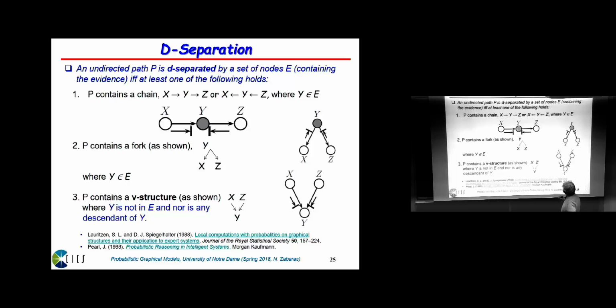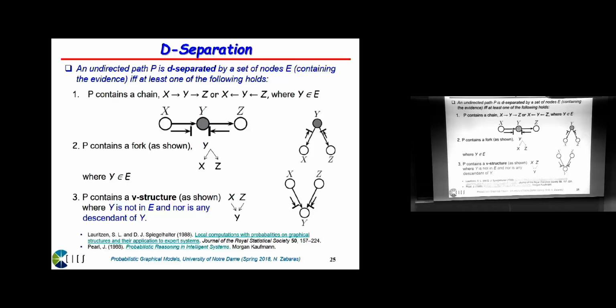It means that X and Z are independent given Y. It means that you cannot reach Z from X by going through the evidence node Y. And these little blocks that you see on the bottom indicate that the path from X to Z is blocked if you observe Y. I'm throwing a lot of terminology at you, but this is one part of the definition. If you have this situation and Y is observed, X and Z are d-separated by Y.